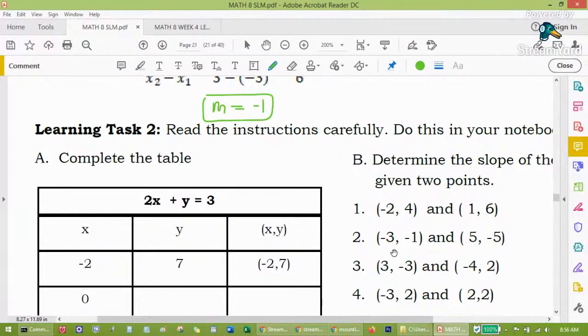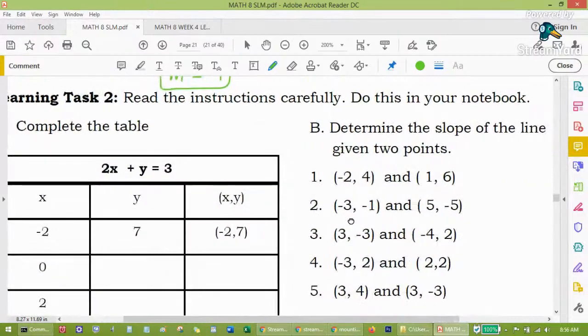So, meron tayong learning task here. Do this on your notebook. Kung magsasubmit through Messenger, kukuha ng picture and then isend sa Messenger. Pag hindi kaya sa Messenger, bukod sa notebook, susulat sa intermediate pad and then kukunan ng picture yung intermediate pad ang isasubmit, hindi isasubmit ang notebook.